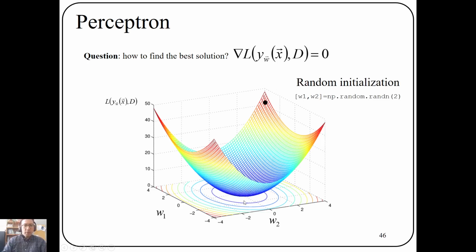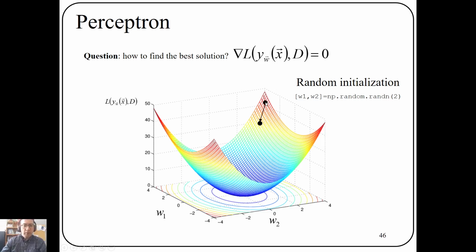Now, to do this, we could implement the following algorithm, which is very well known. It starts with a random initialization. So you take a random W1, a random W2, and very likely that solution will have a large loss. However, since L hopefully will be a function that we can derive, we can find its local gradient and move that point in the opposite direction of the gradient.